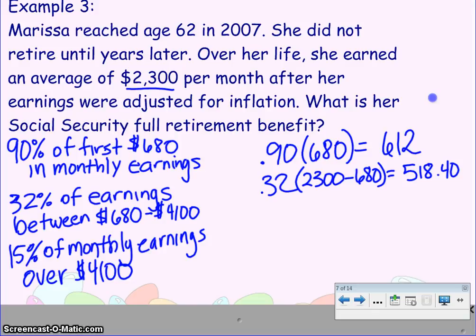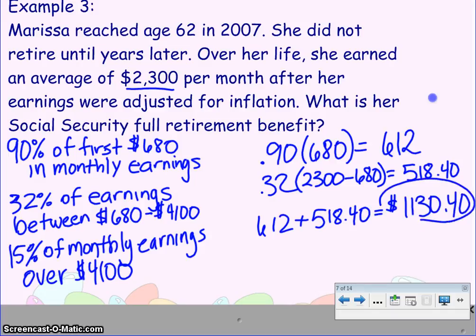So if we take the $612 and the $518.40 and add them together, we find that Marissa's monthly Social Security check will be $1,130.40.